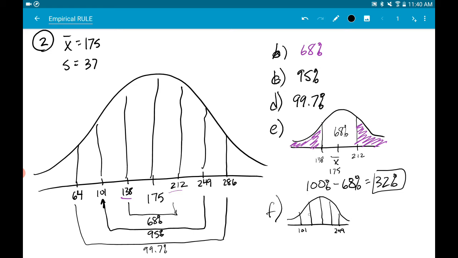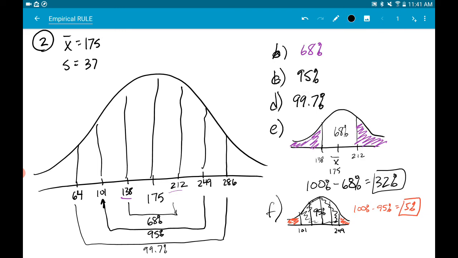And I know that this entire area inside here, based on the definition, is 95%. And so if I want the area outside of it, aka the area in orange, then I'm going to do 100%, that's the whole thing, minus the area on the inside. And that would give me the area on the outside. So that's the answer to letter F.